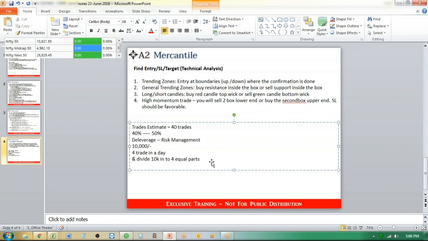Bigger quantities means larger capital. Say your capital is 1 lakh rupees or maybe more than that, then it is important that you deleverage your positions also. This will ensure that you don't lose your capital in this market.